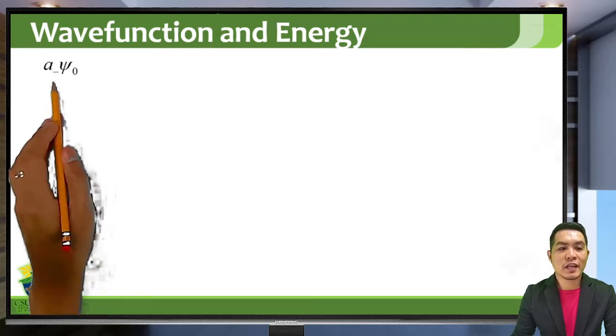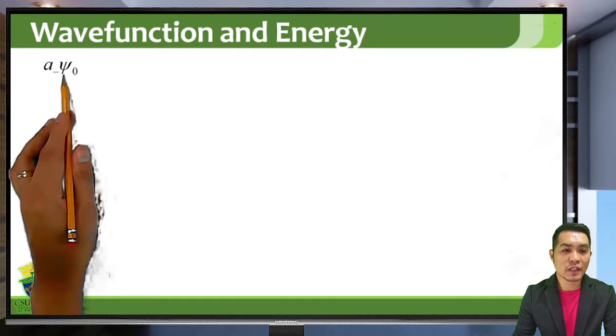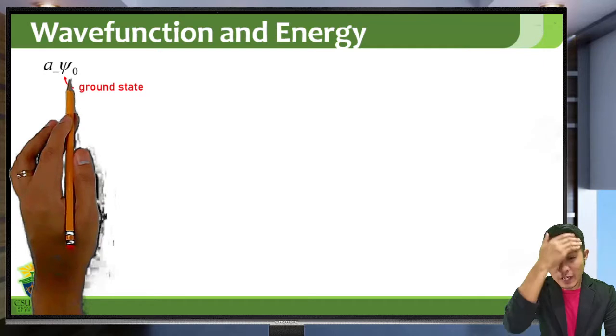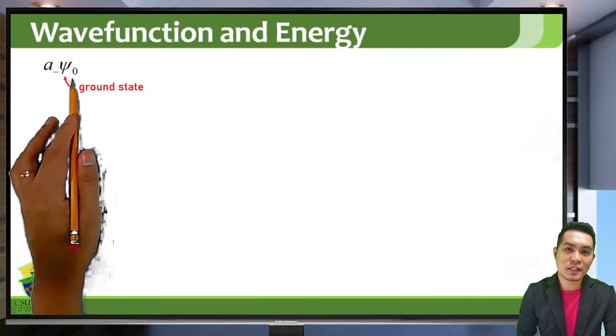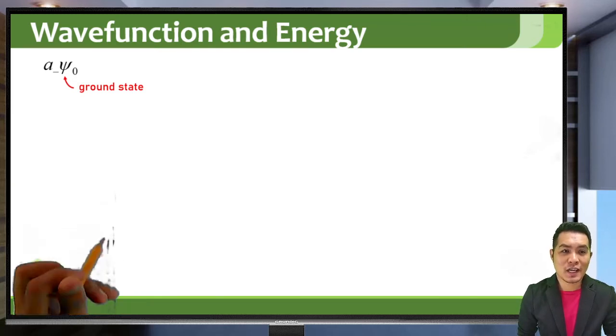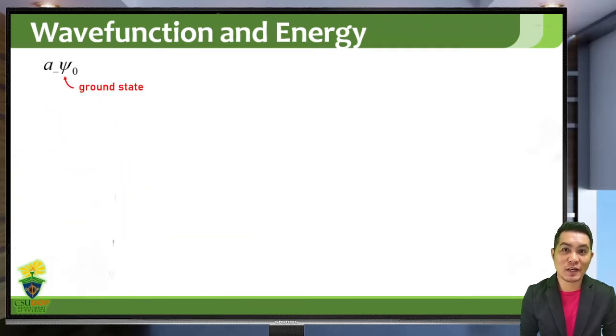Meaning if you let the lowering operator act on the ground state of the particle, here in the harmonic oscillator, our ground state is psi 0, unlike in the infinite square well potential where our ground state is psi 1, because in this case psi 0 is not equal to 0. It's not the trivial or the obvious wave function.